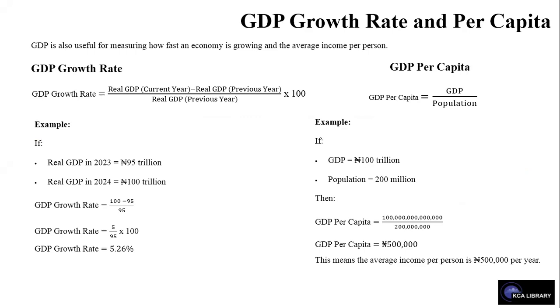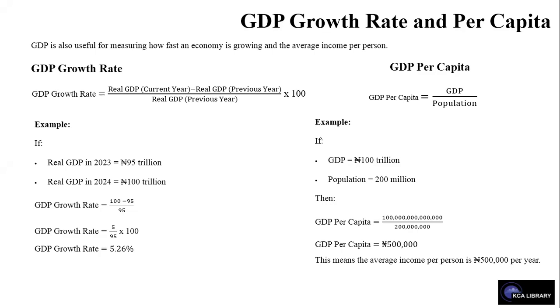GDP is useful for measuring how fast an economy is growing and the average income per person. In order to do this, we have the concept of the GDP growth rate and the GDP per capita. The GDP growth rate is the real GDP of the current year minus the real GDP of the previous year, divided by the real GDP of the previous year, multiplied by 100.